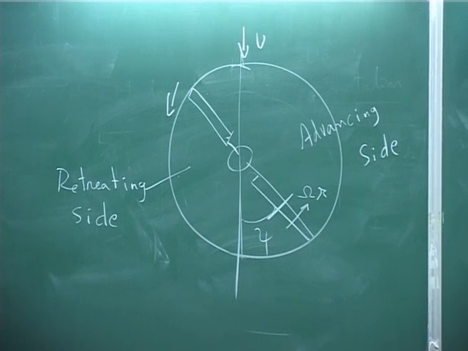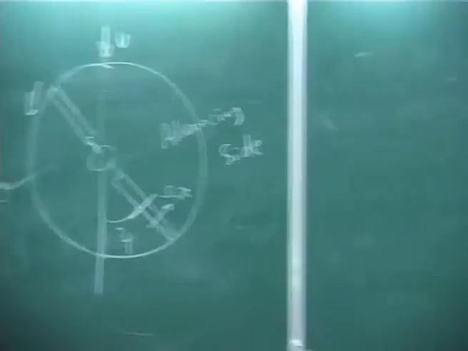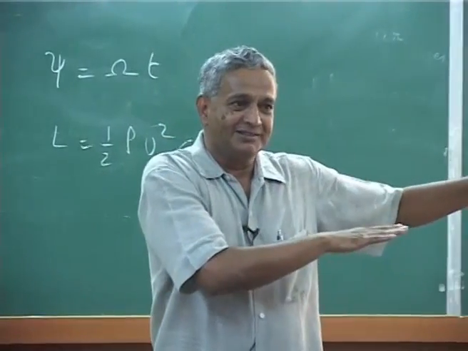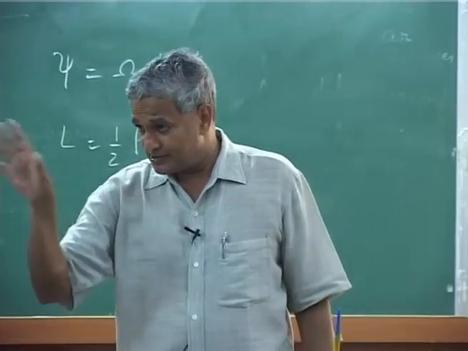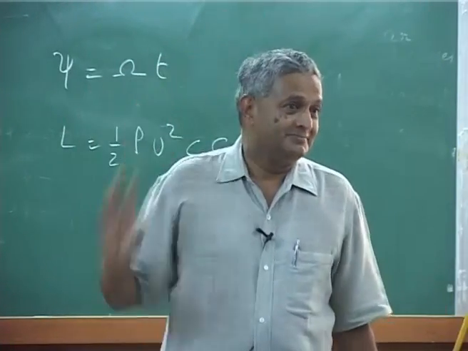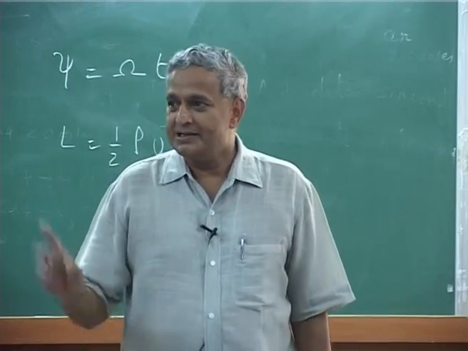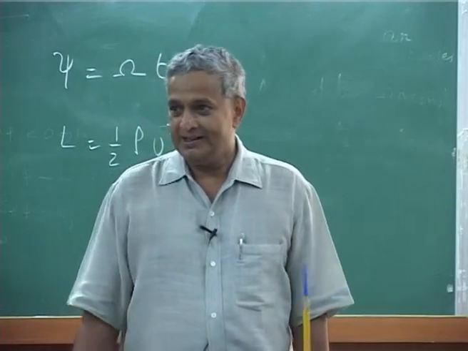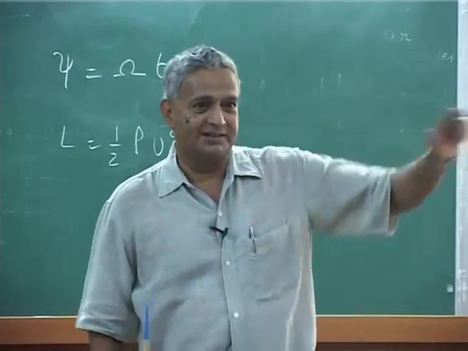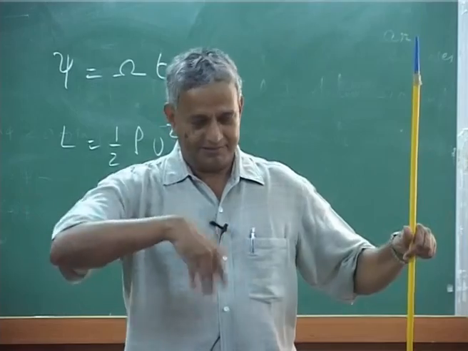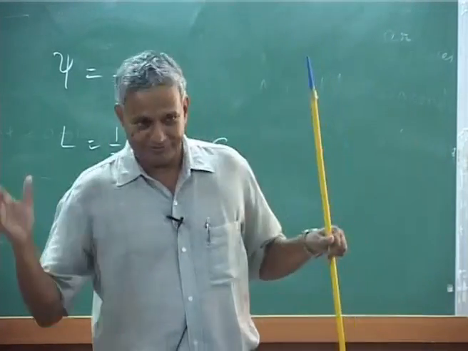If you keep the pitch angle the same, then one side you generate more lift, the other side less lift, assuming inflow is the same. Inflow is another problem. Then what will happen? The helicopter will roll. So what is done is, the pitch angle on the advancing side you reduce, on the retreating side you increase, such that you balance both, and this is done through the cyclic control which you learned.